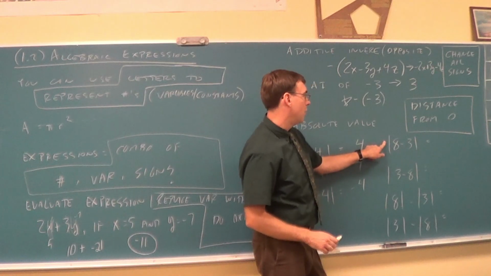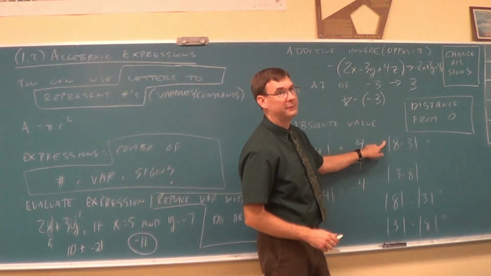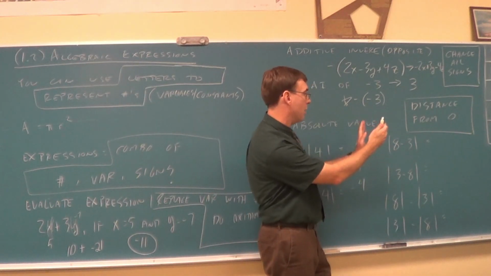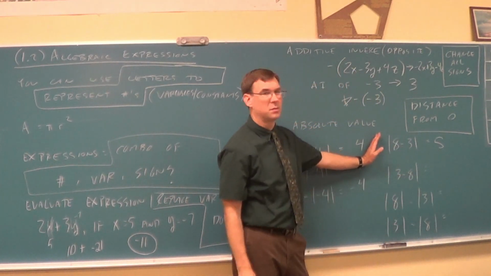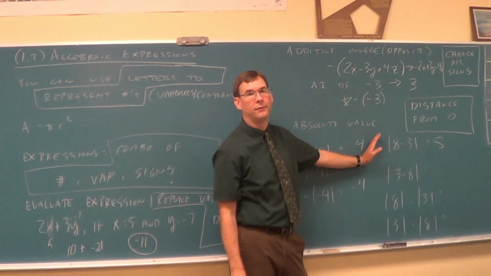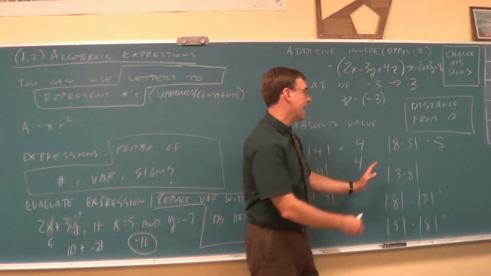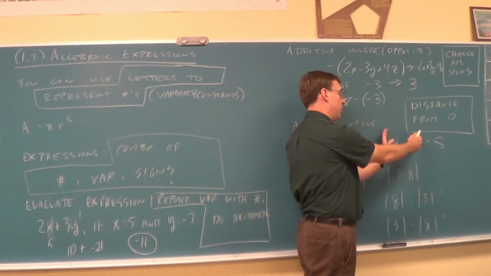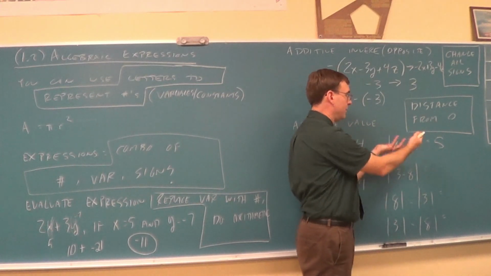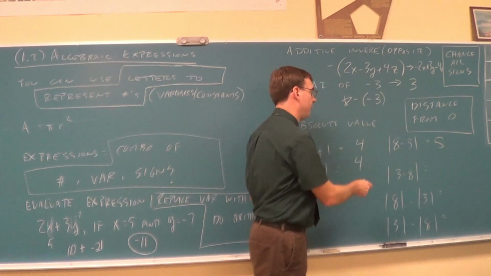Here, if I go 8 minus 3, 5, and then I hit the bars, it is 5. The bars act like parentheses, by which I mean what? You do that first. Anything in the bars gets done first. So 8 minus 3, do it first. You're thinking 5, the bars just leave it 5.